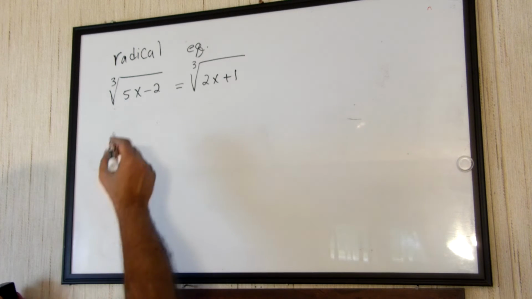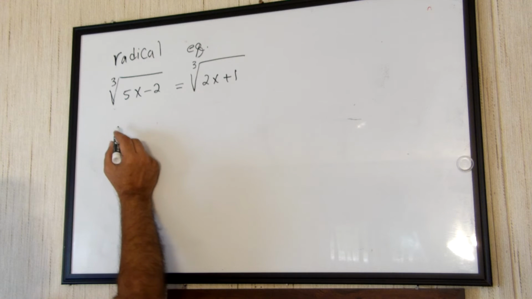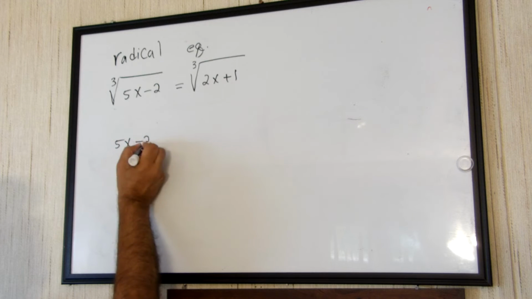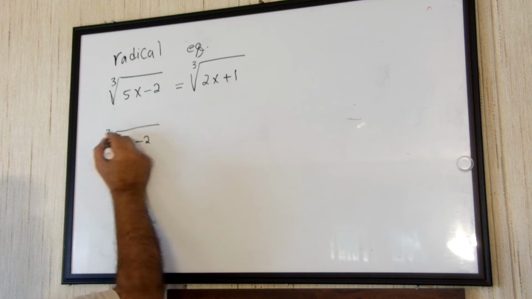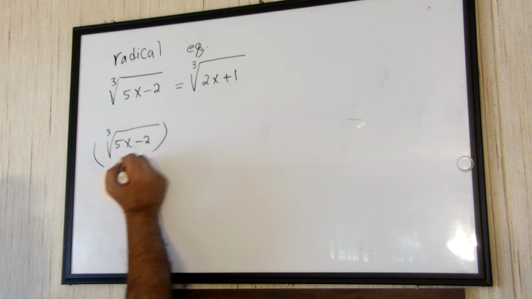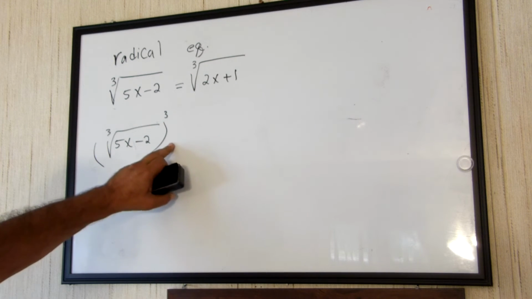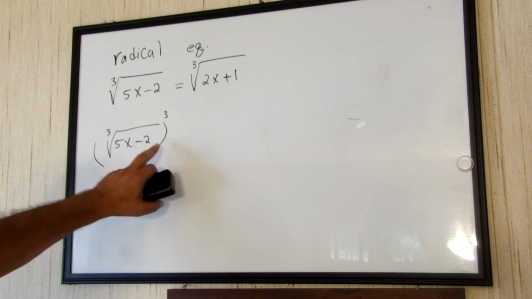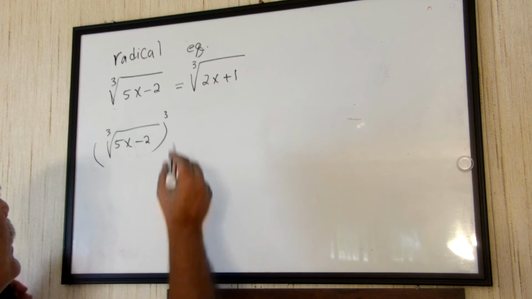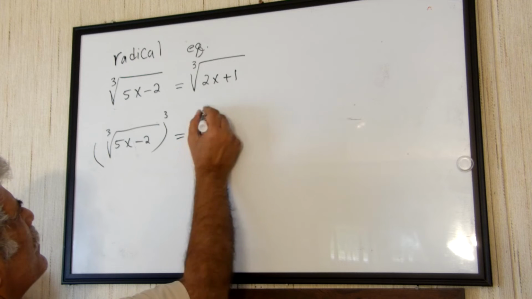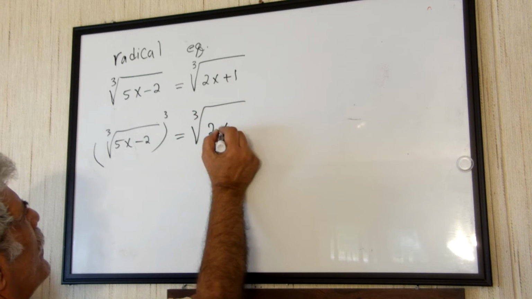So what we do, we take the cubic root of both sides, 5x minus 2, we raise it to the power of 3. That's the cubic root. We raise it to the power of 3, and this one to the power of 3 too.